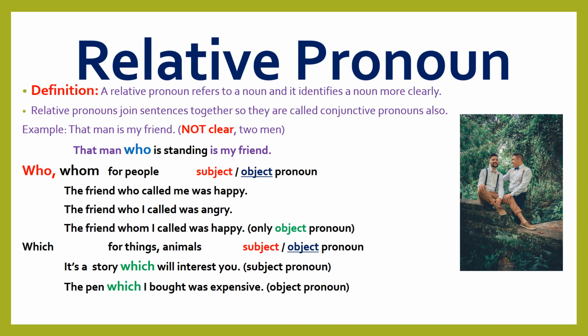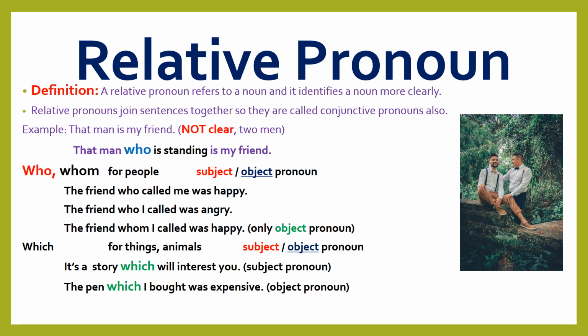Here we have the examples. The friend who called me was happy. So here the person who called is the friend, and who here is the subject pronoun. The second example: the person whom I called was angry.